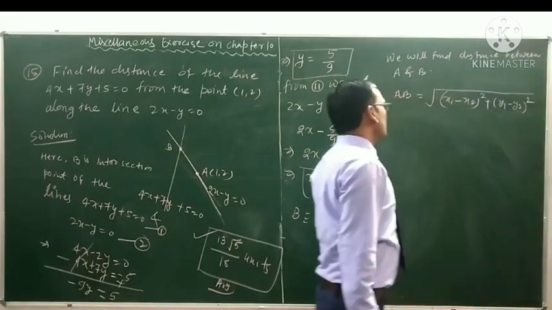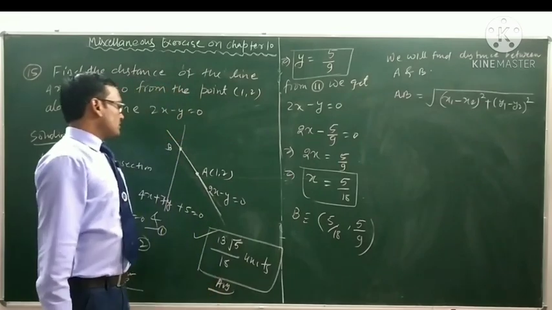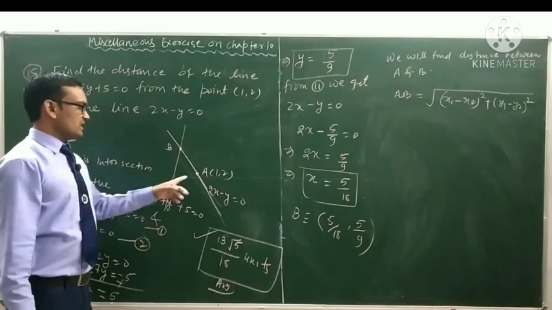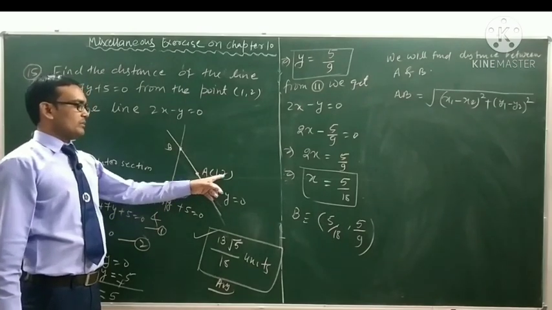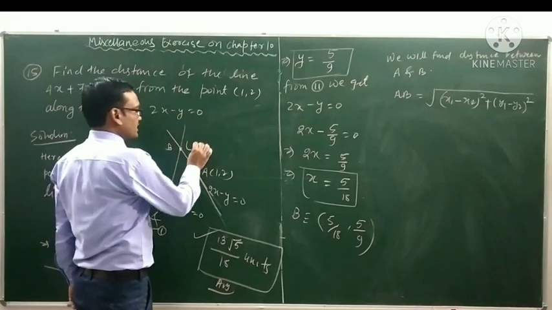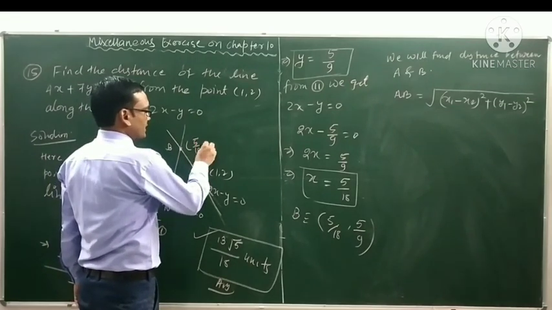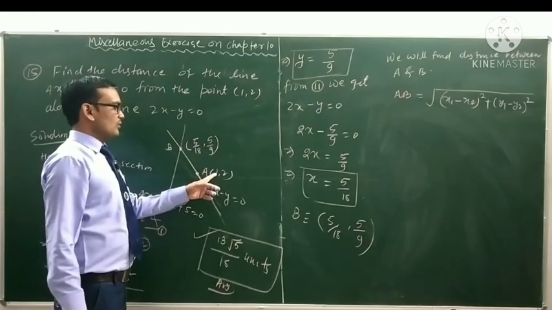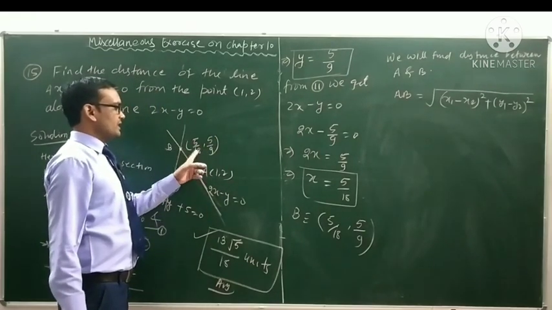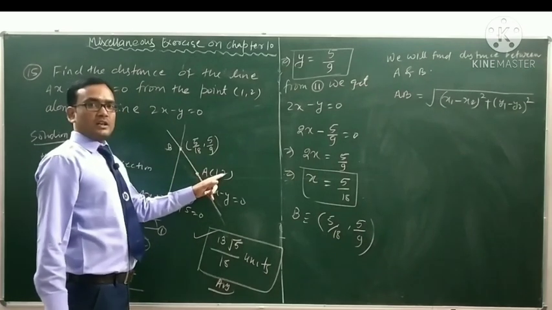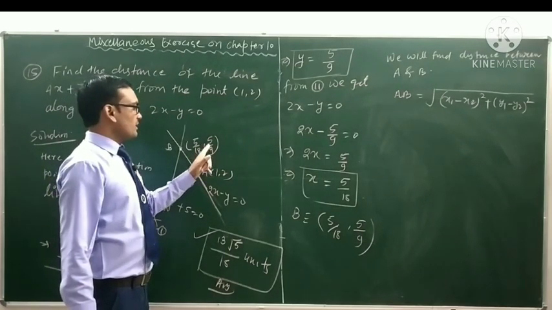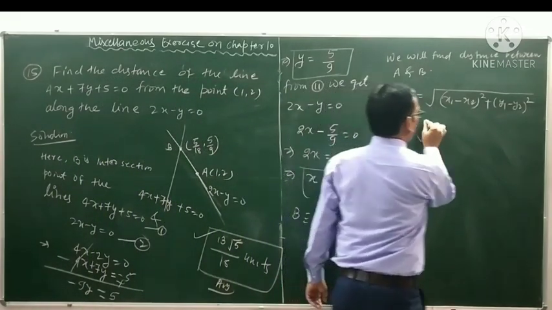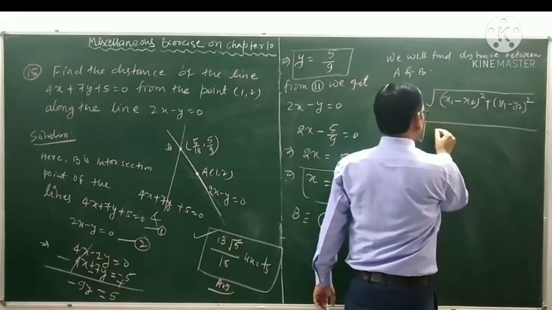Using this formula we find the distance between two points A and B. Here the coordinates of point A are (1, 2) and of point B are (5 upon 18, 5 upon 9). x1 is 1 and x2 is 5 by 18, y1 is 2 and y2 is 5 by 9.